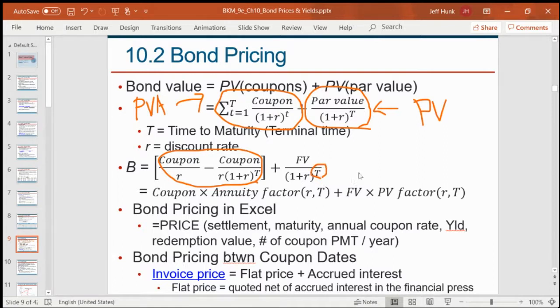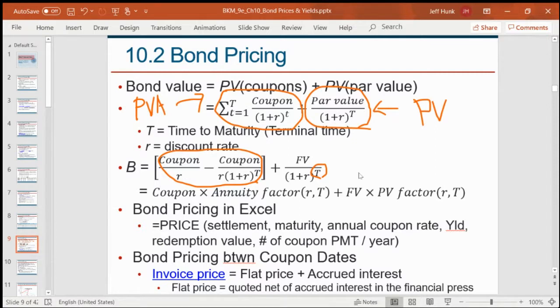The uppercase T is always time to maturity, because uppercase means terminal time. So if your bond has 10 years left, what does that mean?